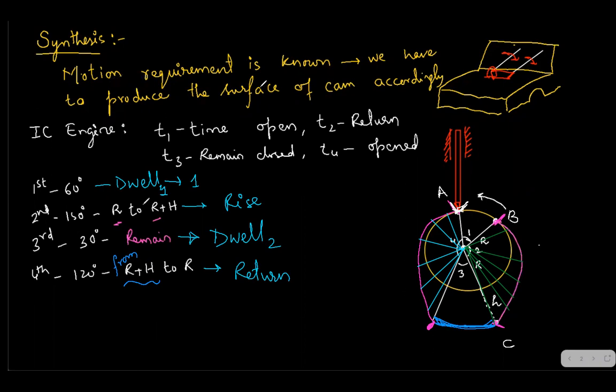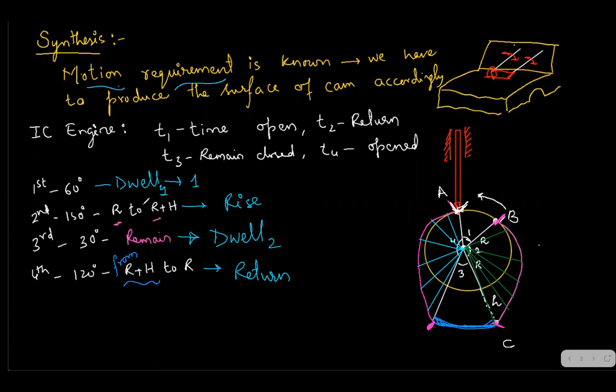Synthesis: the motion requirement is known. It means I know for how many degrees the follower has to be stationary, for how many degrees it has to rise, for how many degrees again stationary, and for how many degrees it has to return. So the motion requirement is known. Now I have to design the cam surface. The cam surface can be made in a number of ways.